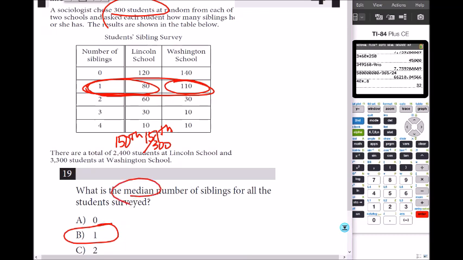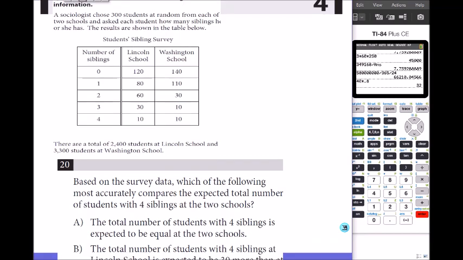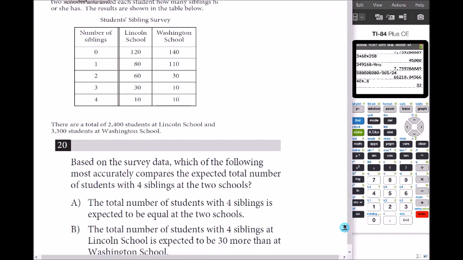Median, middle number. And here, same question: based on the survey data, which of the following must accurately compare the expected total number of students with 4 siblings at the 2 schools? There are 4 siblings here, but remember this was 10 out of 300, and how many students are in Lincoln School? 2,400.